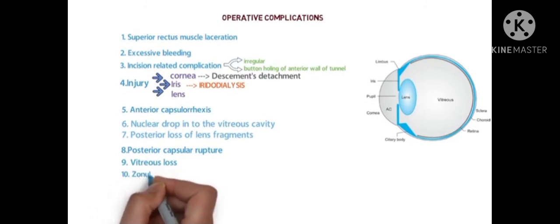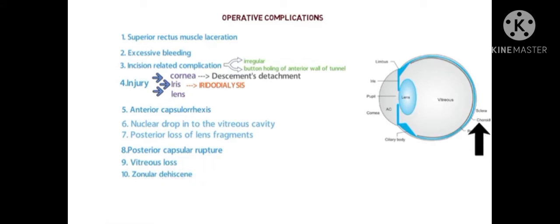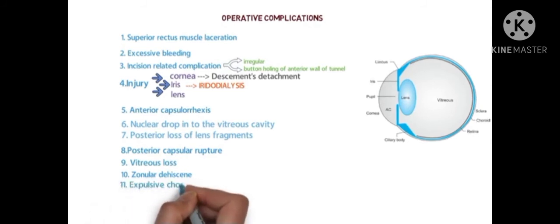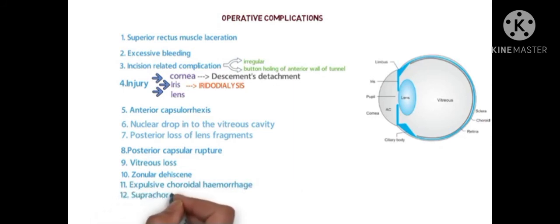There can be zonular dehiscence, and at last there is the choroid. Look over here, here we have the choroid, and there may be expulsive choroidal hemorrhage, or suprachoroidal hemorrhage.